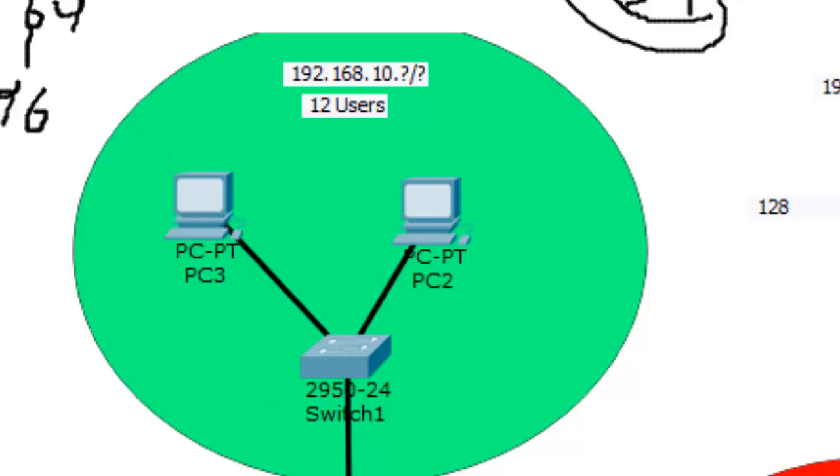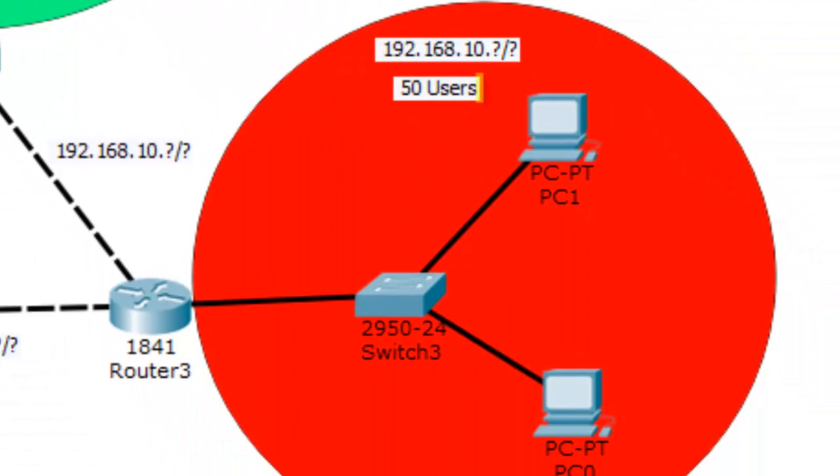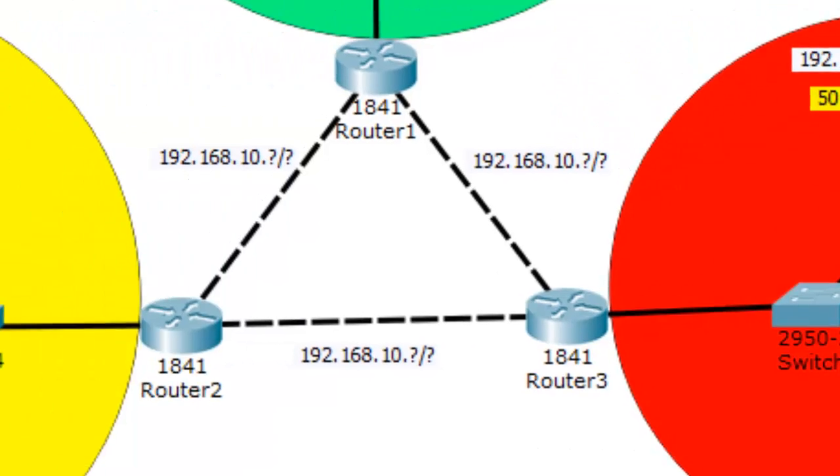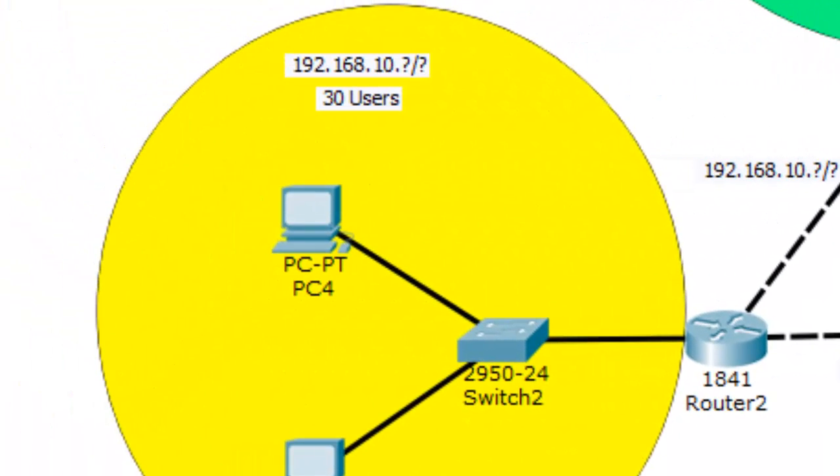What they require us to do is, in this network they have 12 users, on this one here they have 50 users, and on this network here, let's change the color, they require us to use 30 users.